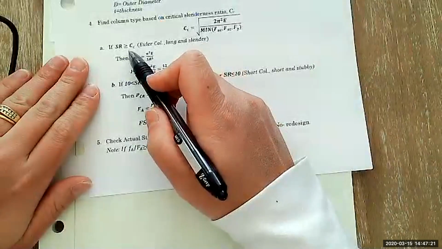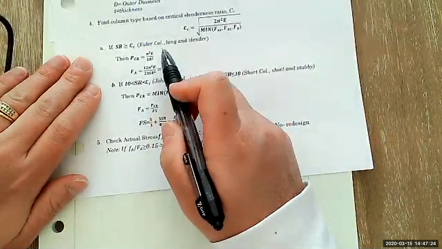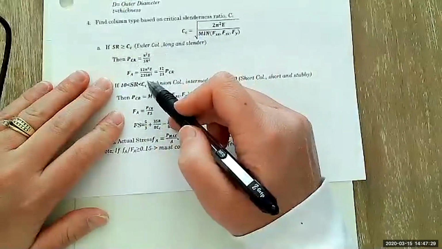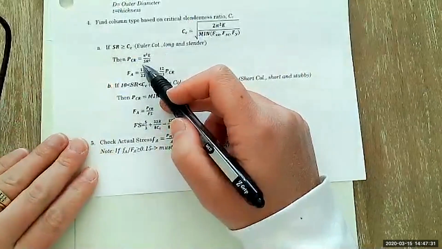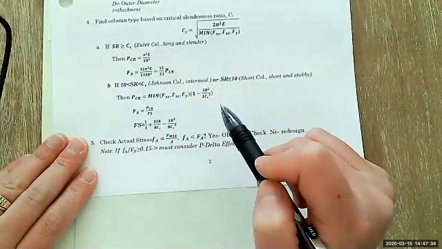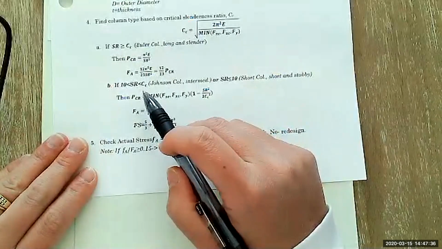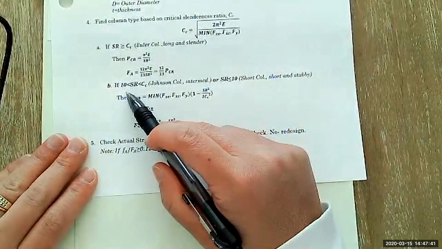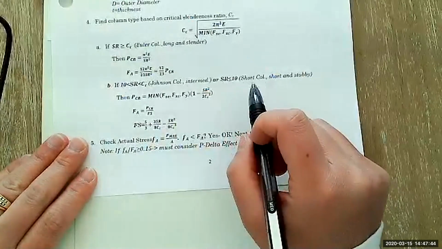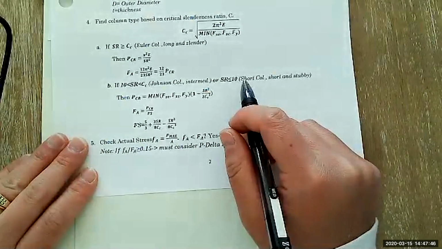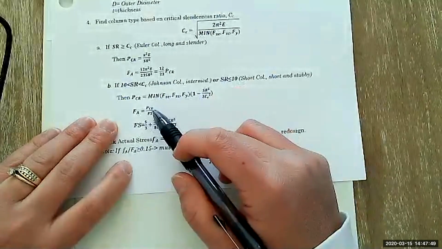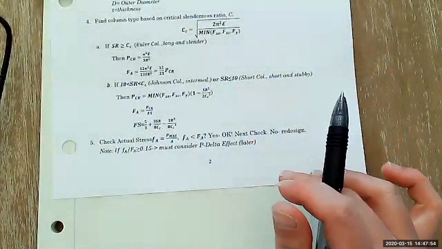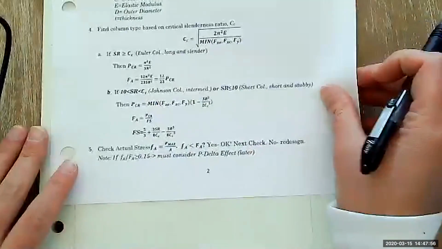If the slenderness ratio is greater than C sub C, we have an Euler column, which is long and slender, with 2 equations for our critical buckling stress and our allowable stress. If the slenderness ratio is less than C sub C, we either have an intermediate column, for a slenderness ratio greater than 10, or a short column, for a slenderness ratio less than 10. That's when your equations change slightly when calculating PCR and capital F sub A. So just keep that in mind.